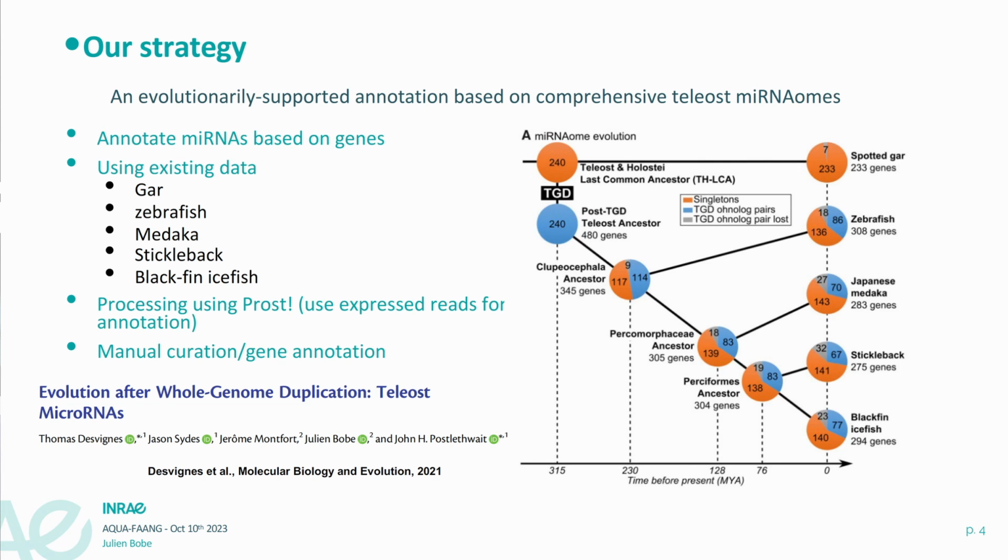You see that we end up with approximately 300 microRNA genes in non-salmonid teleosts.